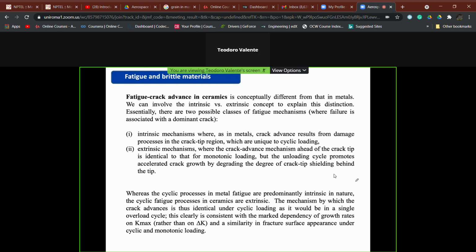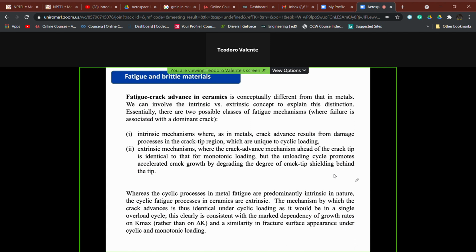Brittle materials do have a very limited number of cycles to have failure, but really and correctly speaking, the fatigue resistance is not always 0.